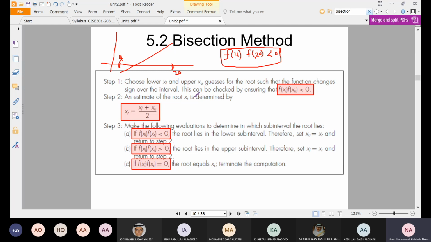This can be checked by evaluating the function at the lower limit multiplied by the function at the upper limit, which should be less than 0. If I have a change in sign between these two guesses, that means I have at least one root between these two points. This is the first condition we should guarantee at the beginning.